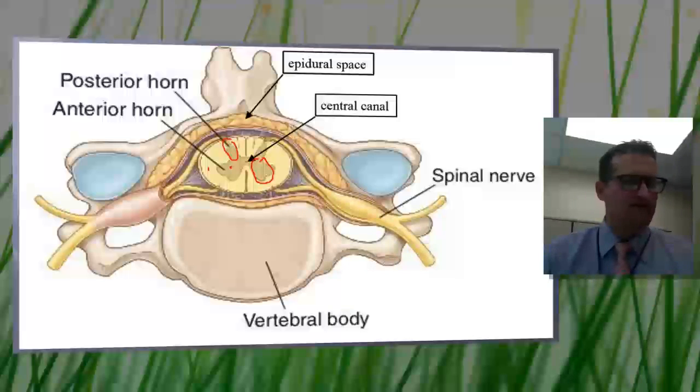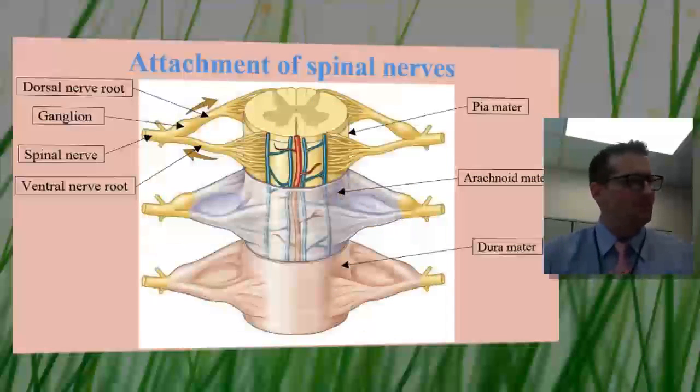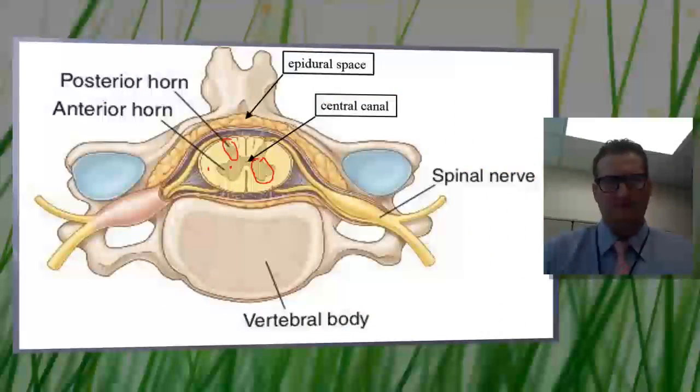White matter appears white, obviously, because of the abundance of myelin. It contains bundles of axons called tracts that carry impulses from one part of the nervous system to another. Let me go back a second here. The central canal, which is shown here, this little canal in the center of the spinal cord, carries cerebrospinal fluid.